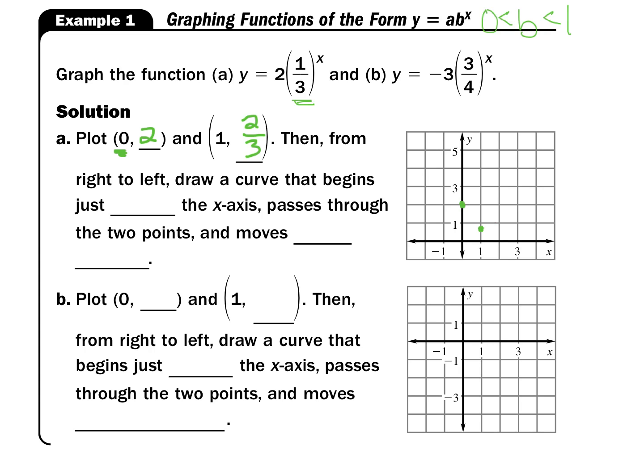However, if we continued this and plugged in 2 for x, that would be 1/3 times 1/3, which is 1/9, and then 2 times 1/9 would be 2/9. So in other words, we'd be getting closer and closer to 0, but never actually reaching it. So from right to left, we will draw a curve that begins just above the x-axis.